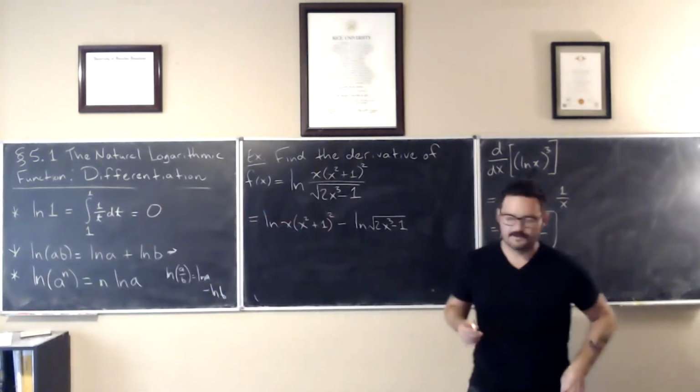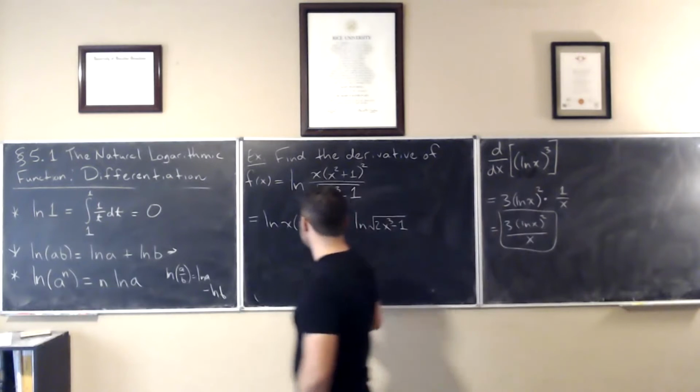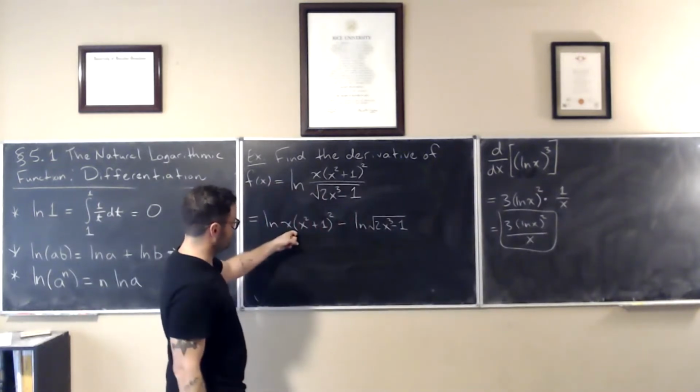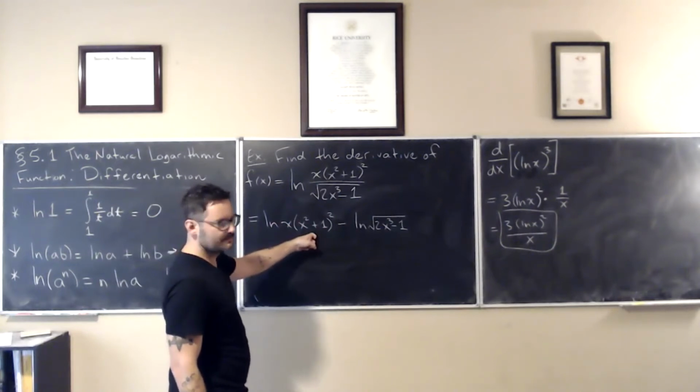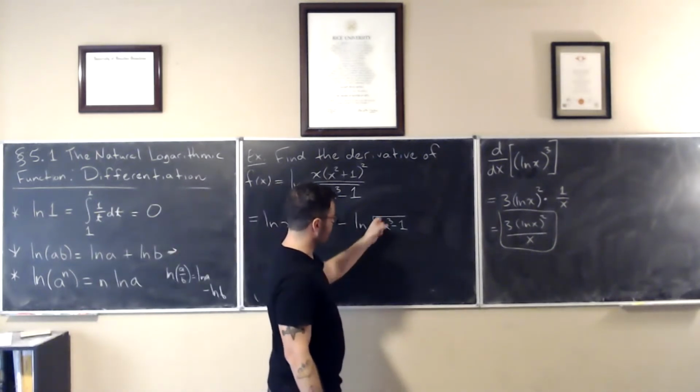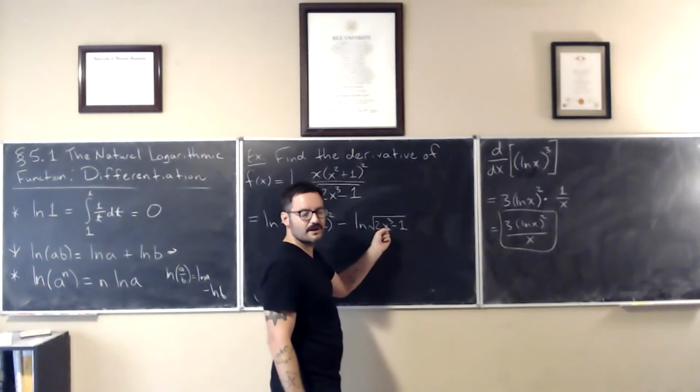Okay. Now, once I'm here, I see that I have a product in there, right? That times that. And then I also see I have a power here. It's like being raised to the 1/2 power.